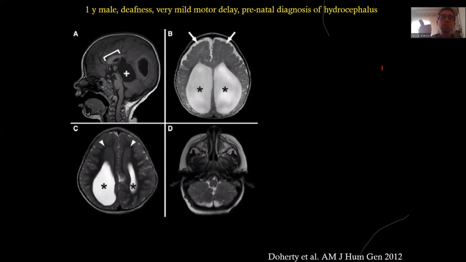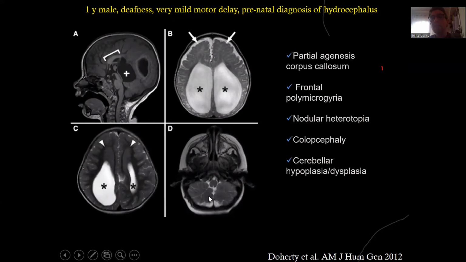So you have polymicrogyria, nodular heterotopia, again abnormal corpus callosum, and look at the foliation of the cerebellum, it is completely irregular. So you have these four abnormalities plus the dilatation of the ventricle that is, however, not hydrocephalus. In this case, although there was a cyst and there was some pressure, most of it is due to loss of white matter related to underdevelopment of the corpus callosum. We call it colpocephaly.